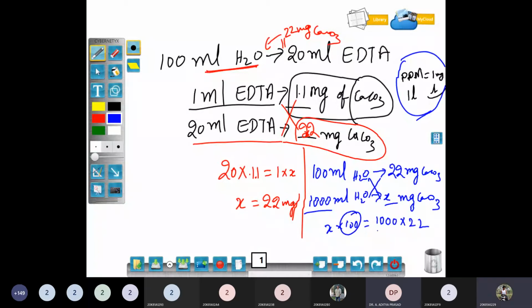Send this 100 to the other side. 22 into 10 is 220. So 220 milligrams per liter of calcium carbonate, or 220 ppm.